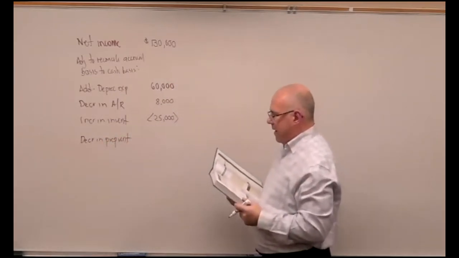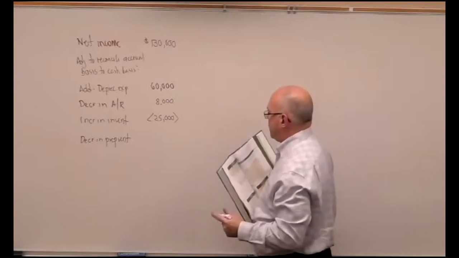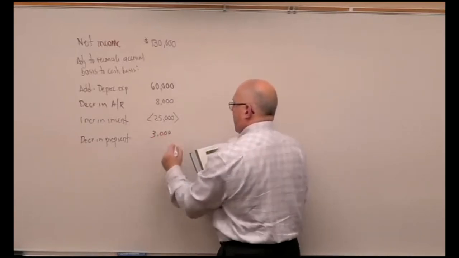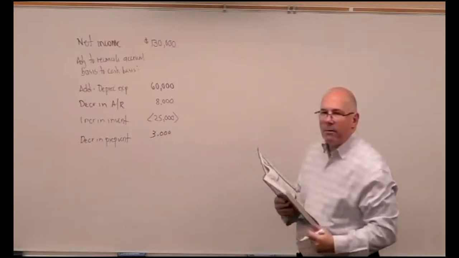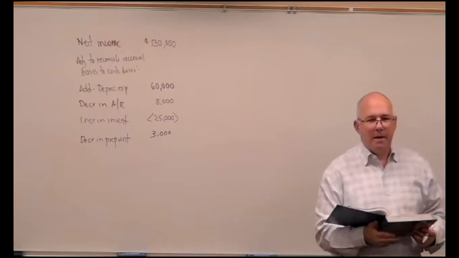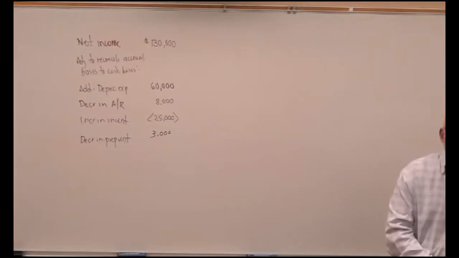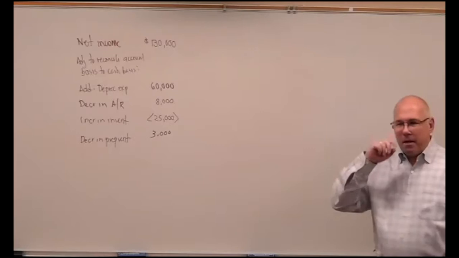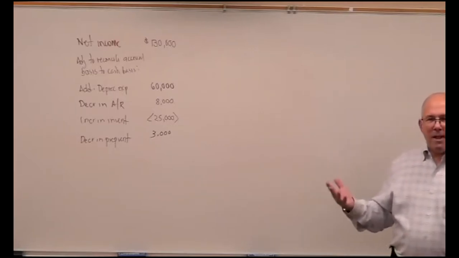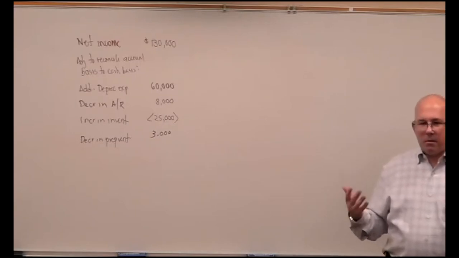Prepaid rent went down. Positive or negative adjustment? Positive. Why? The decreased prepaid rent, we credited, so that means we're left with a debit, that increases cash. We could also think about it by what it means. We had this account prepaid rent. When we decrease prepaid rent, what do we increase?